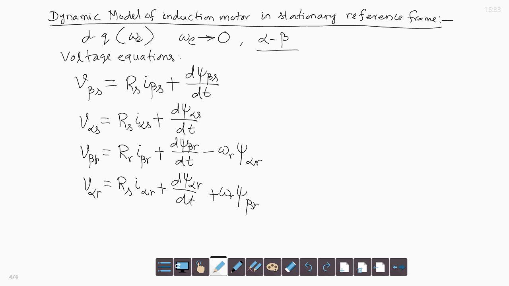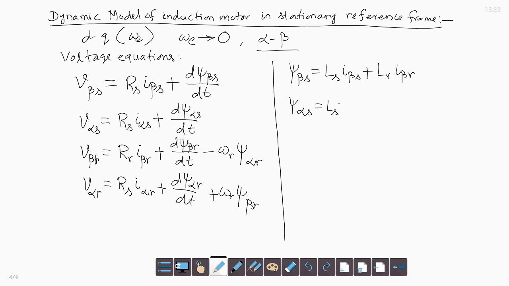Then the flux linkage equations. In the same way, we write psi beta s is L s I beta s plus L m I beta r. Psi alpha s is L s I alpha s plus L m I alpha r.